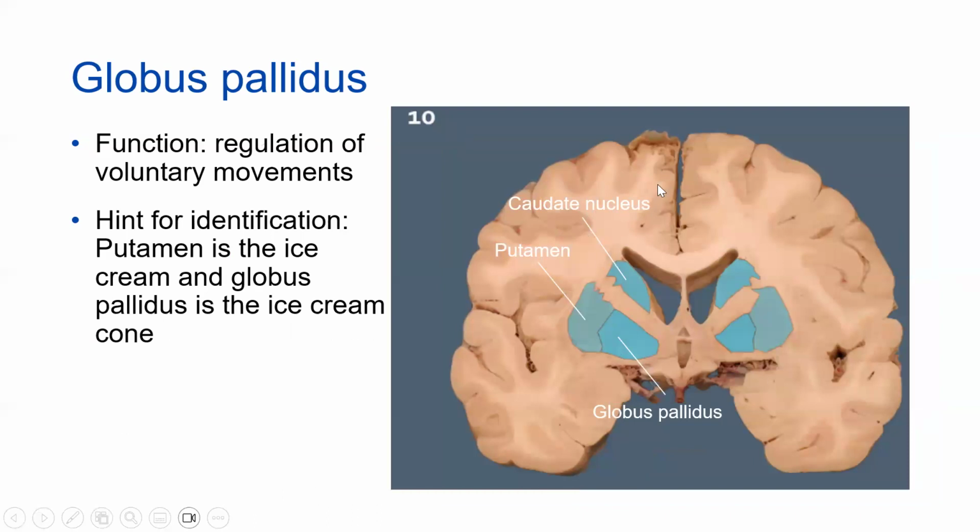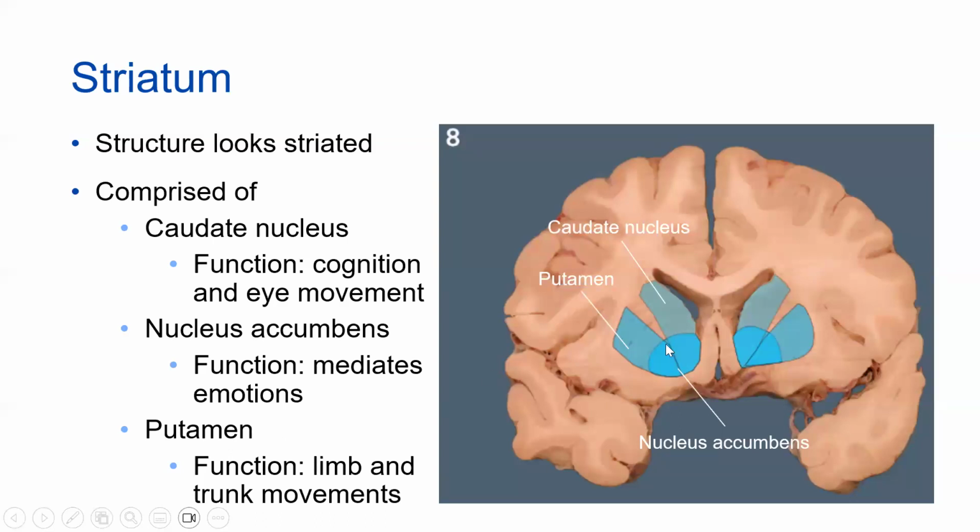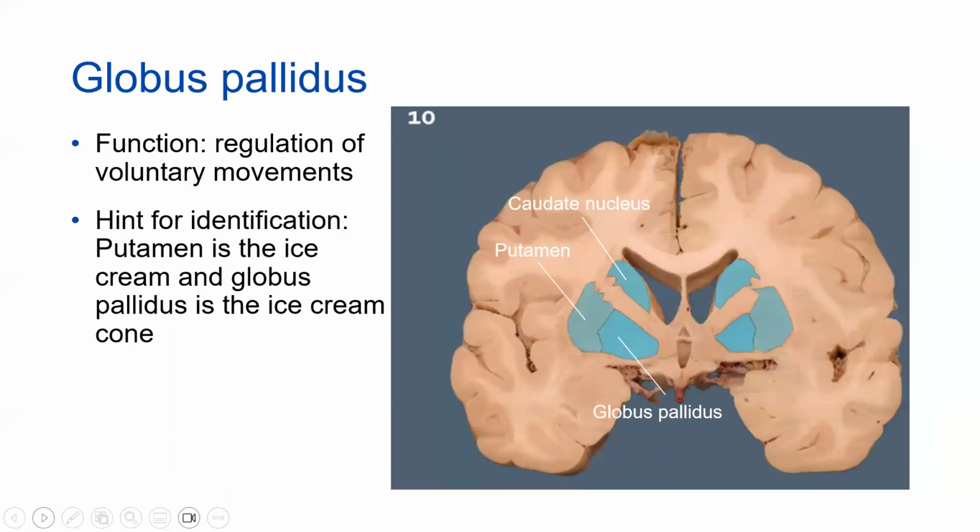If you're wondering how I know that this is more caudal and that this is more rostral, I can tell that this is more rostral because it's smaller. And the more rostral in the brain you are, the more the brain is in kind of a V shape. I don't know if that's helpful, but that's one way that I'm able to tell that this is more caudal.